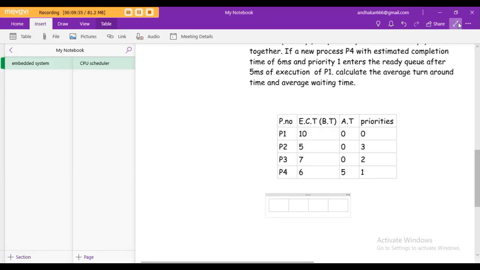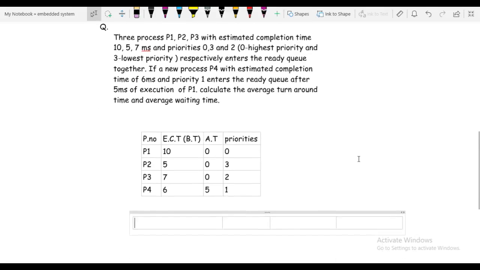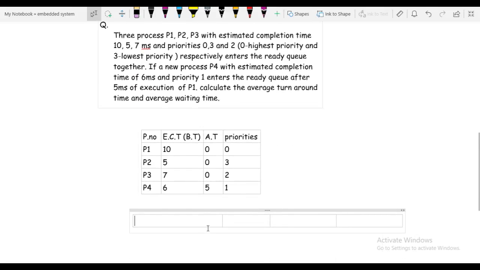For 4 processes we will need 4 boxes. That should be clear to you. Because this is the non-preemptive version, we need 4 boxes for 4 processes, right?